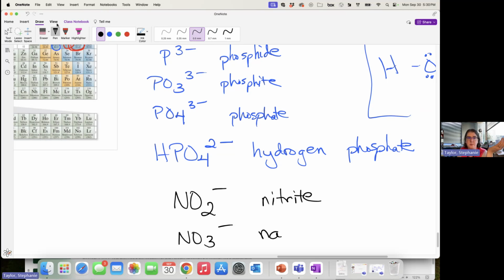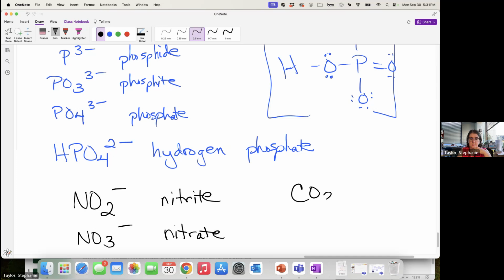So my nitrogens don't match that at all. The phosphorus and sulfur and chlorine kind of all play by the rule of what charge it would have if it was an individual element, but nitrate doesn't. Carbonate doesn't. Also, what the heck are you going to do with azide? I mean, look at it. It's so weird.